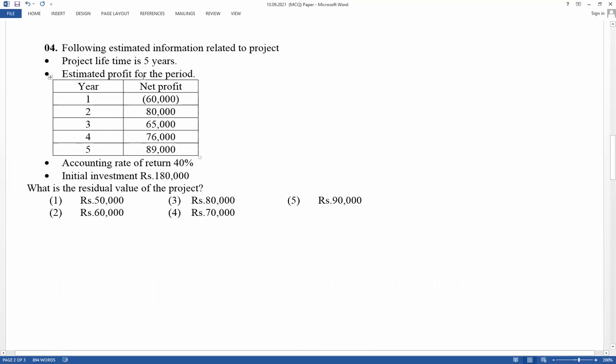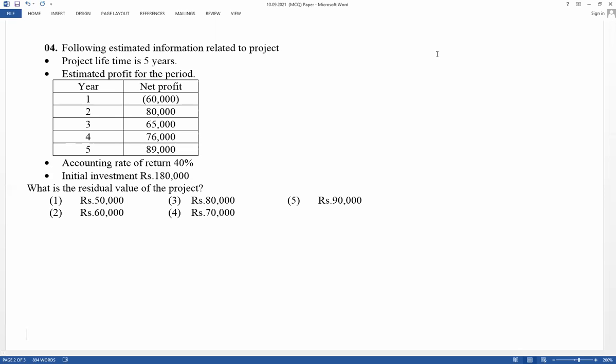And estimated profit for the period it has given. Accounting rate of return is also given, 40%. And initial investment it has given 180,000. The initial investment, that is what is the residual value of the projects.